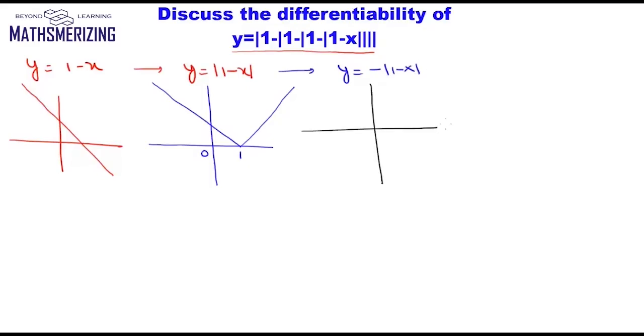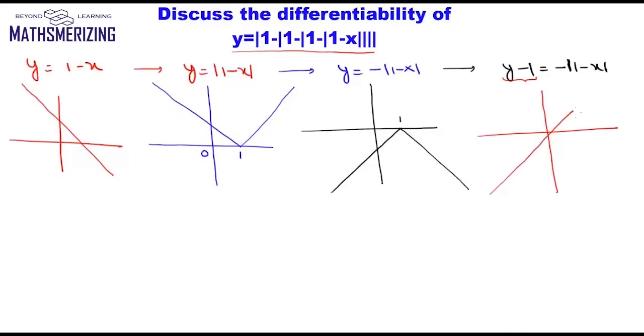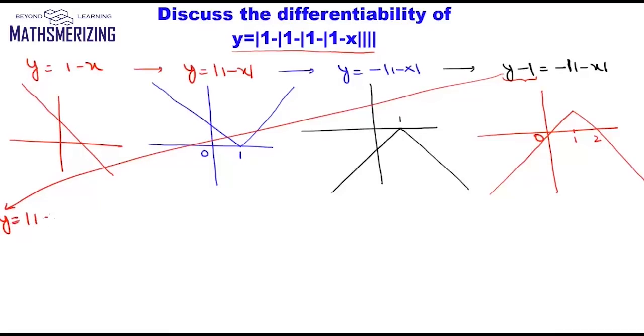So transformation of minus f(x) is rotate the graph 180 degrees about x-axis. I'll take the transformation y equals 1 minus mod of 1 minus x. So I'll need to shift the graph plus 1 unit along y-axis. Now next again, I'll take mod f(x), which is mod of 1 minus mod of 1 minus x.